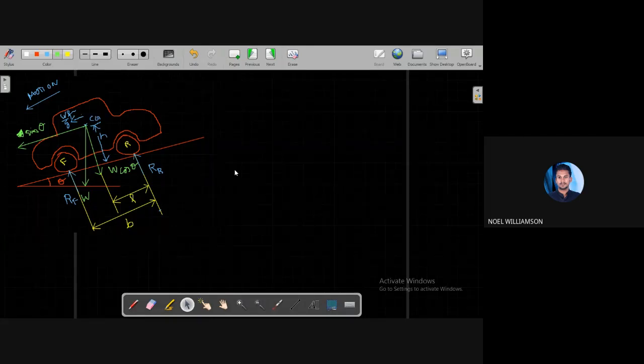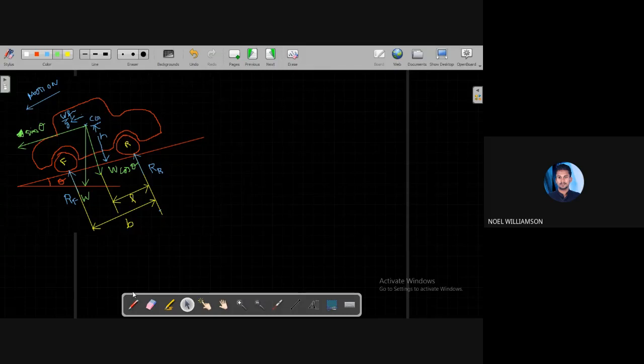In the first case, what are the reactions at the rear surface and front surfaces when the brake is applied to the rear wheel only. In the next case, we have seen what forces are there when the brake is applied to the front wheel only. Now we can see the third case.